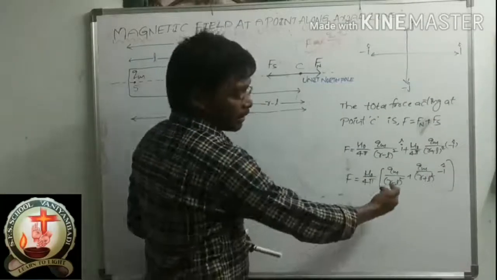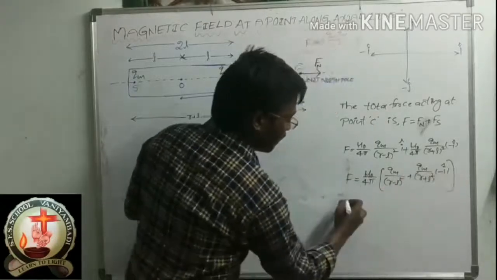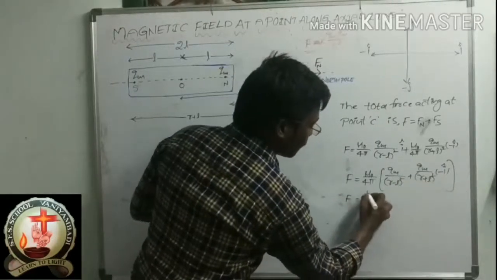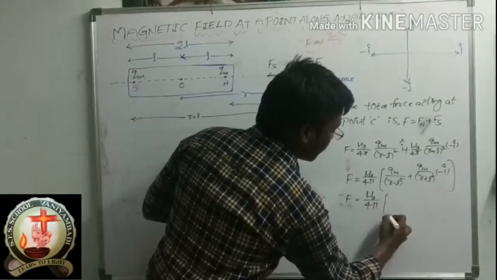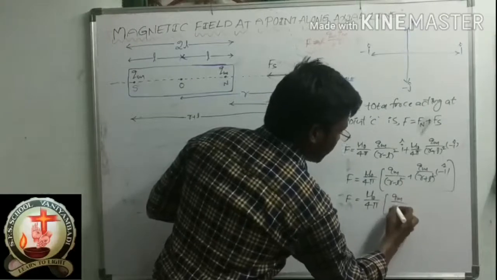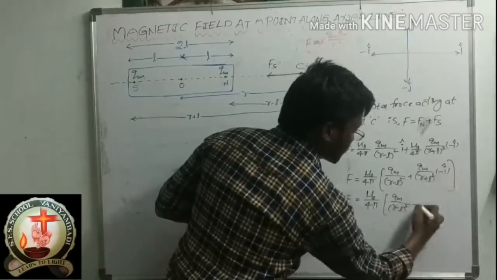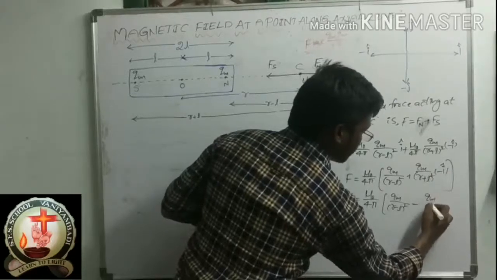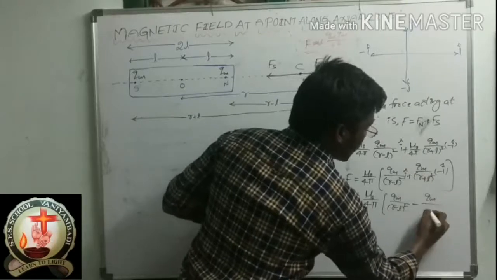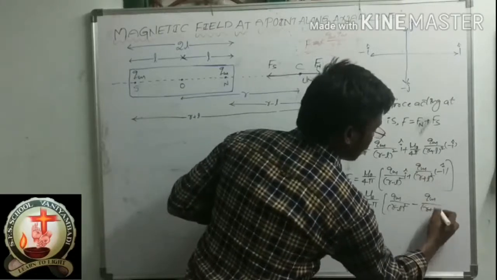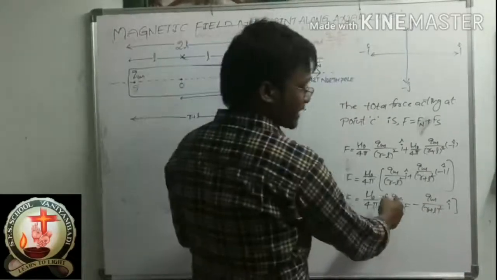Now I will apply the minus in front. F is equal to mu naught by 4 pi and Qm by r minus l whole square, minus Qm by r plus l whole square into I cap. Okay, now after that I am taking this Qm also common.